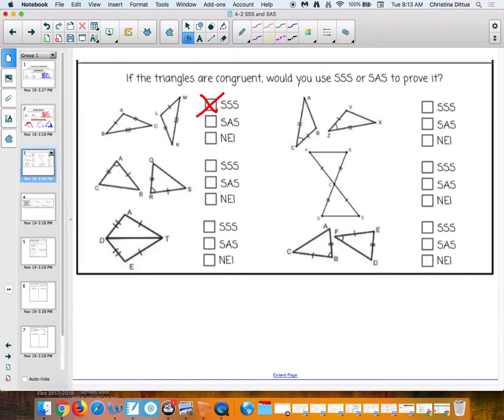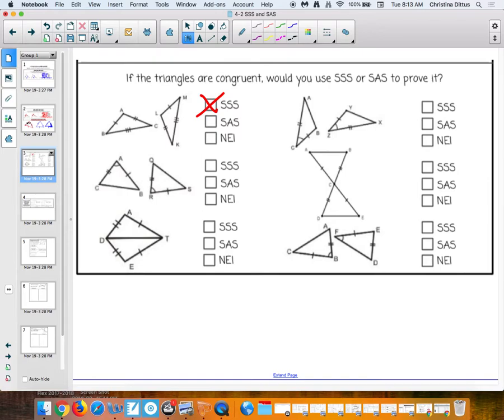Quick review. How do I know if I have an angle or side marked? The arc. The curve. Yeah, the arc. That's an angle. If I just got a dash, if it's on the line, in the middle of it, it's a side. If it's an arc around an angle, it's an angle. That makes sense?